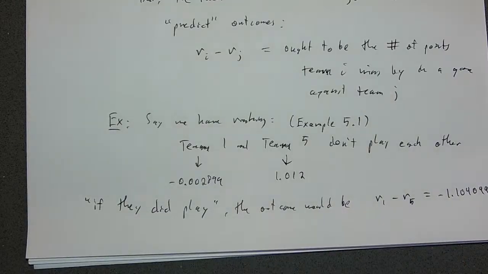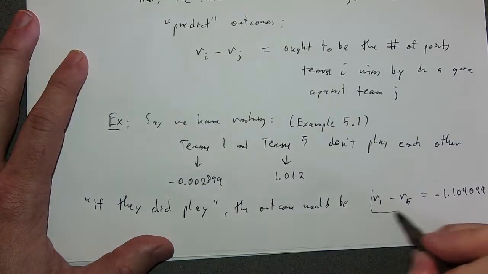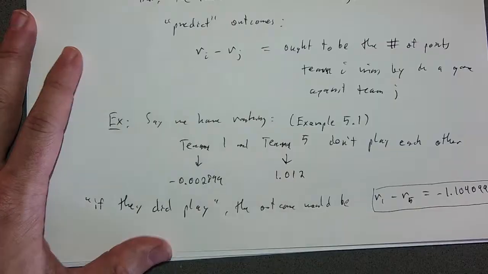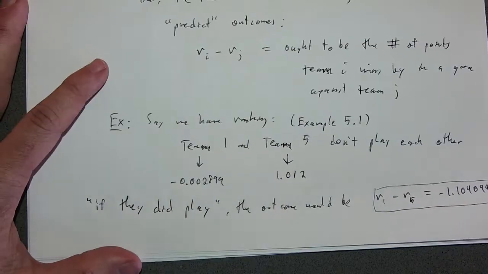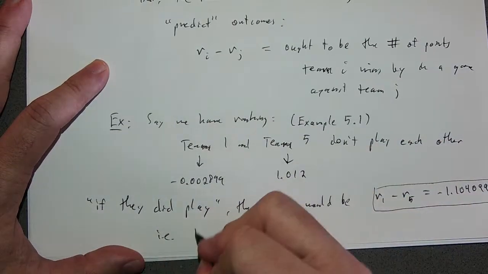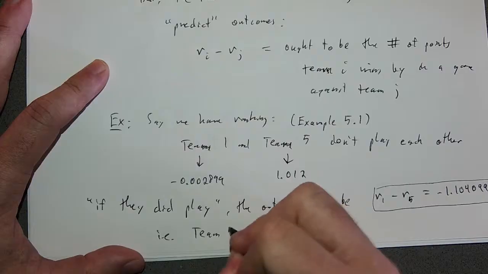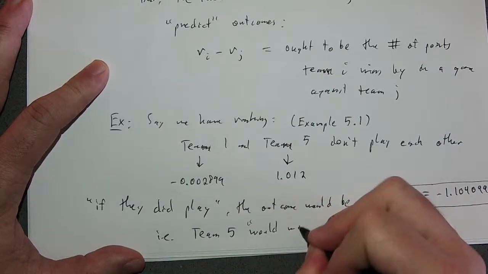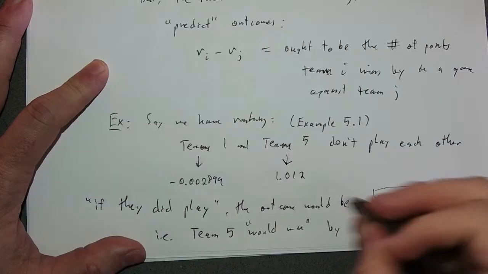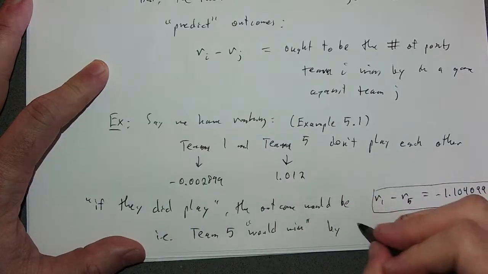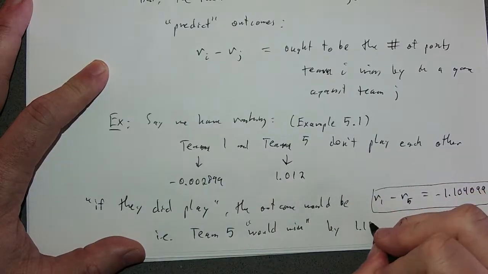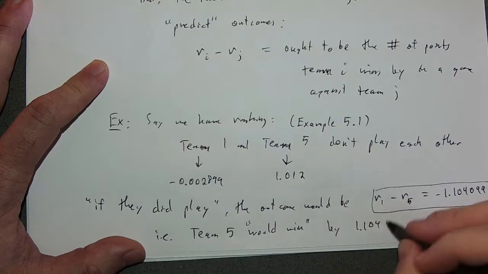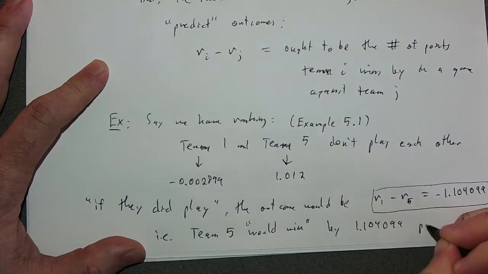So this is what we get. Which means what? That Team 5 would win, or should win, by 1.104099 points.